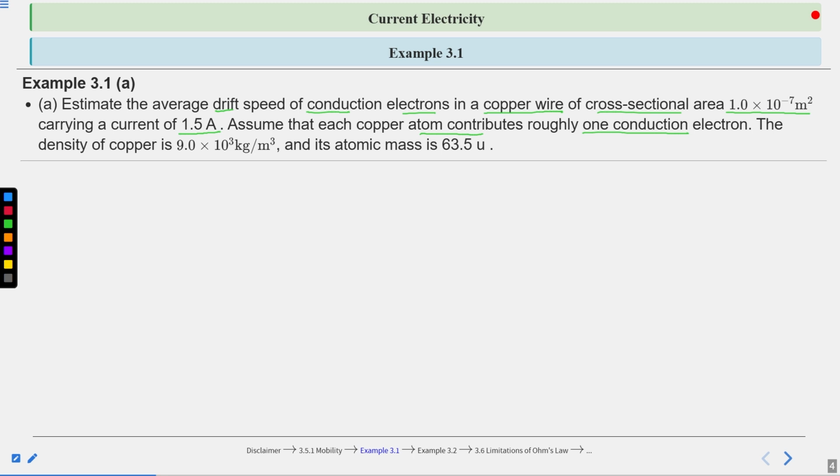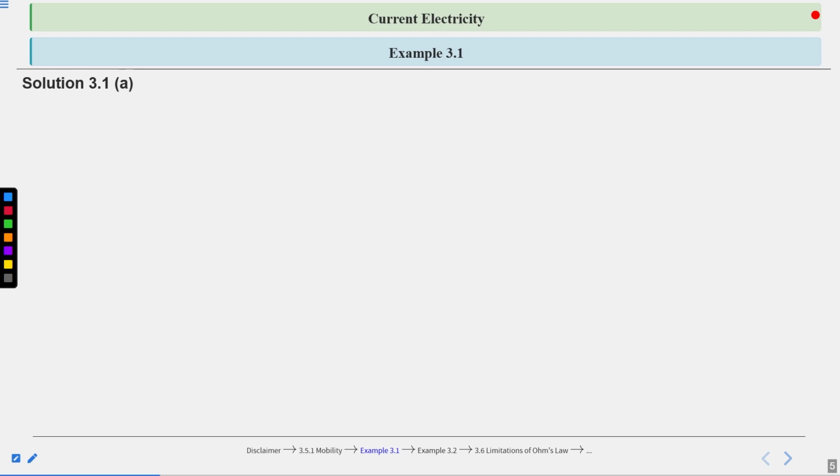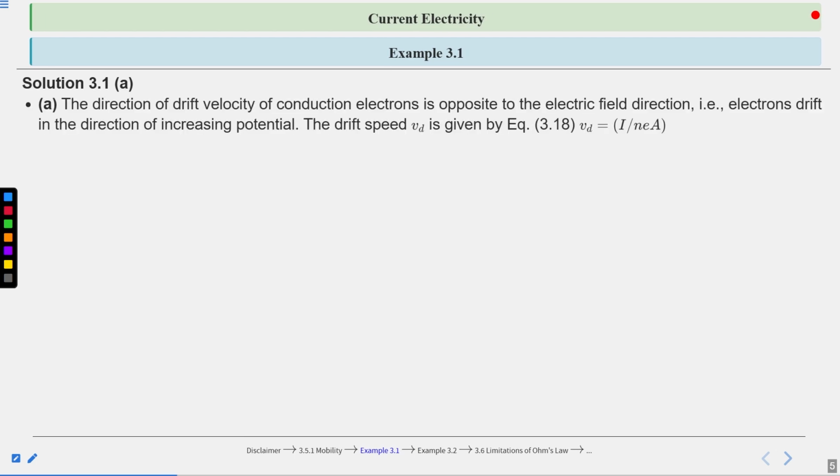The density of copper is given 9 into 10 to the power 3 kg per meter cube and its atomic mass is also given 63.5 atomic mass unit U. So let's see the solution.